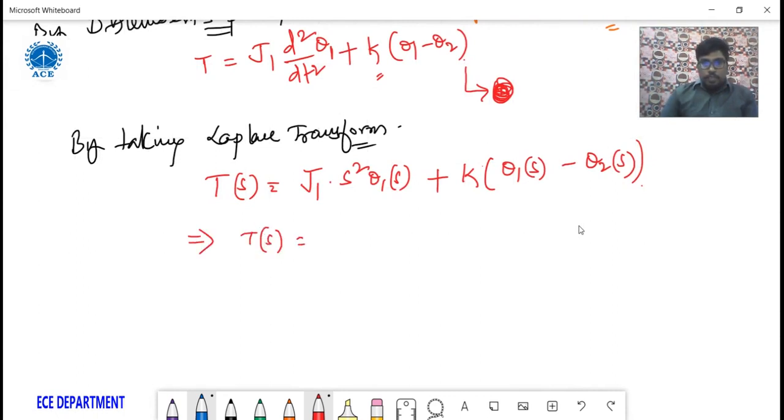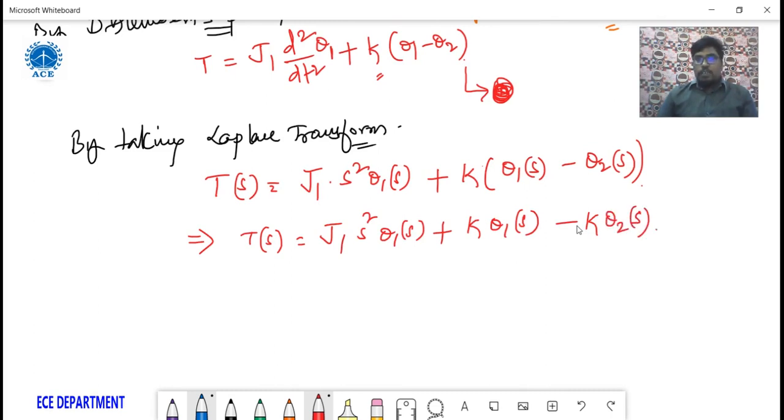T of S becomes J1 S square theta 1 of S plus K theta 1 of S minus K theta 2 of S. Now consider this as equation 1.